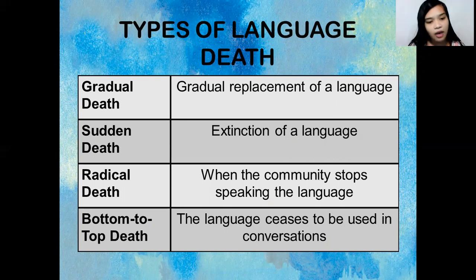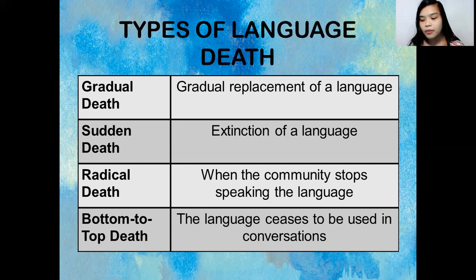Bottom to top is when the language ceases to be used in conversations. It is when you don't use a certain language in conversing with people.